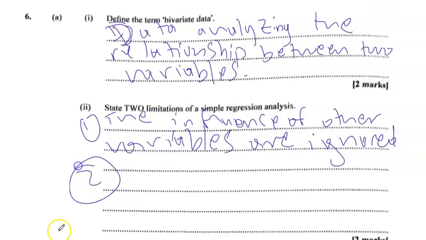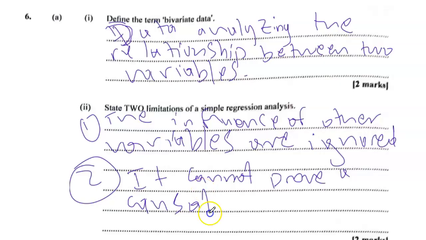And 2, it cannot prove a causal relationship between the variables. Meaning, if two variables are correlated, it doesn't mean that one is a cause of the other. So it cannot establish or prove a causal relationship.